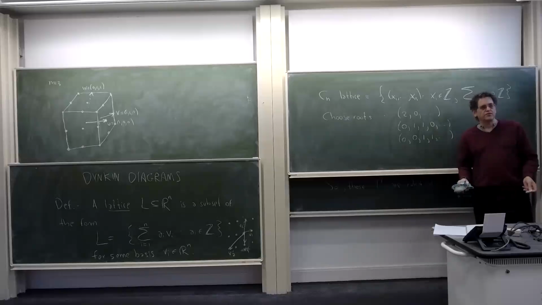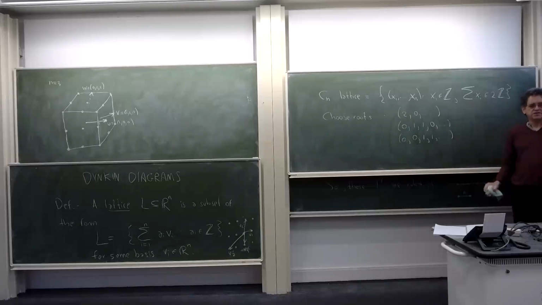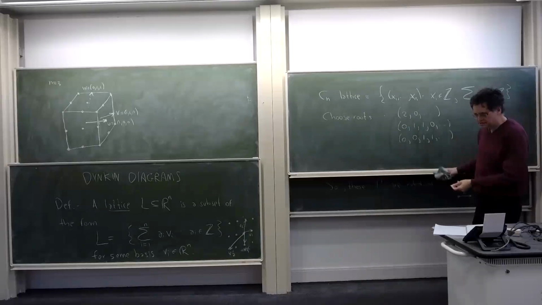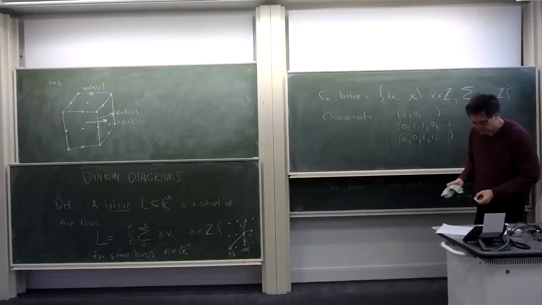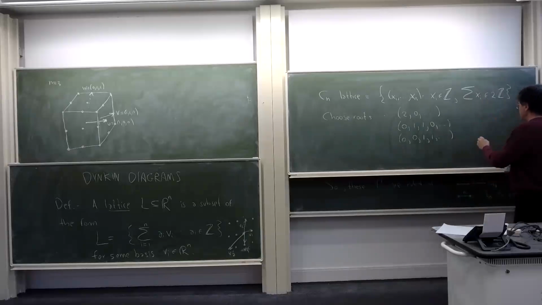Since we just doubled our first vector, reflection along it does the exact same thing, so we get the exact same group generated by those reflections. The group is still this group that we are calling BCN. The finite reflection group is still the same, but we've got a different lattice now.